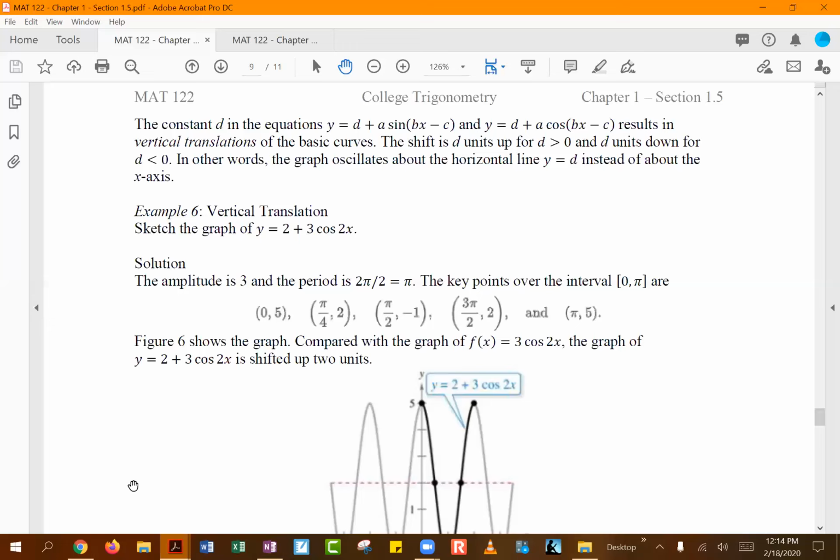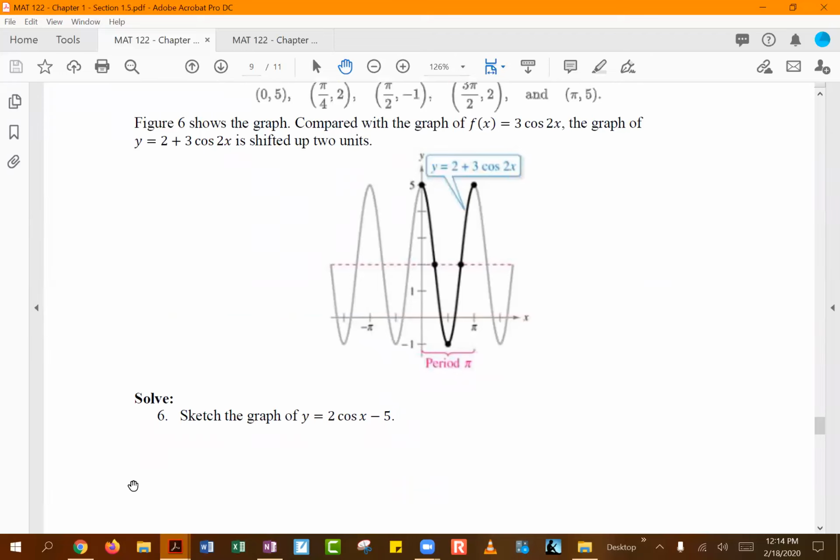So now you can see our amplitude is 3 being added or subtracted with this value of 2. So 2 plus 3 is 5. That gives you your maximum points. 2 minus 3 is -1, which gives you the minimum point, and then that 2 itself is what we would consider as our intercepts. So look at how this graph looks like then.